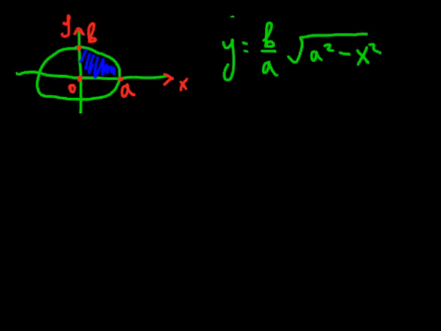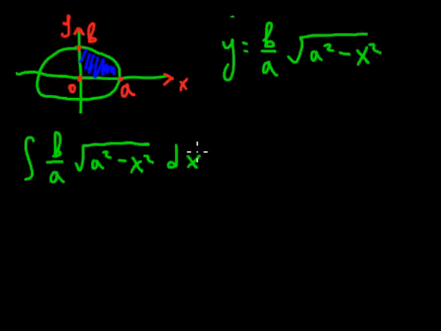So let's set up an integral. It's going to be integral of this function. So there you go, this is our function, b over a square root a squared minus x squared. That's integral with respect to x, so we need to write dx. And we want to integrate this function between 0 and a, so those are our limits of integration between 0 and a.